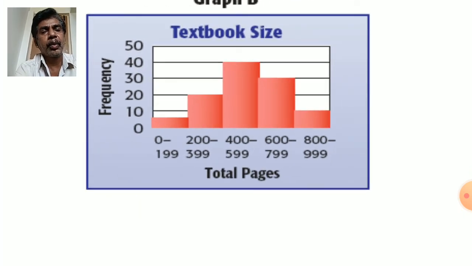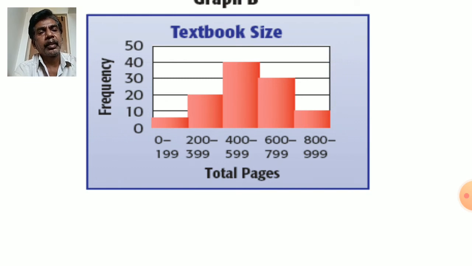Graph B: total pages is shown on the x-axis and frequency on the y-axis. In the year 1999, only some books had around 100 to 150 pages, and in the year, 200 to 399 pages are shown.